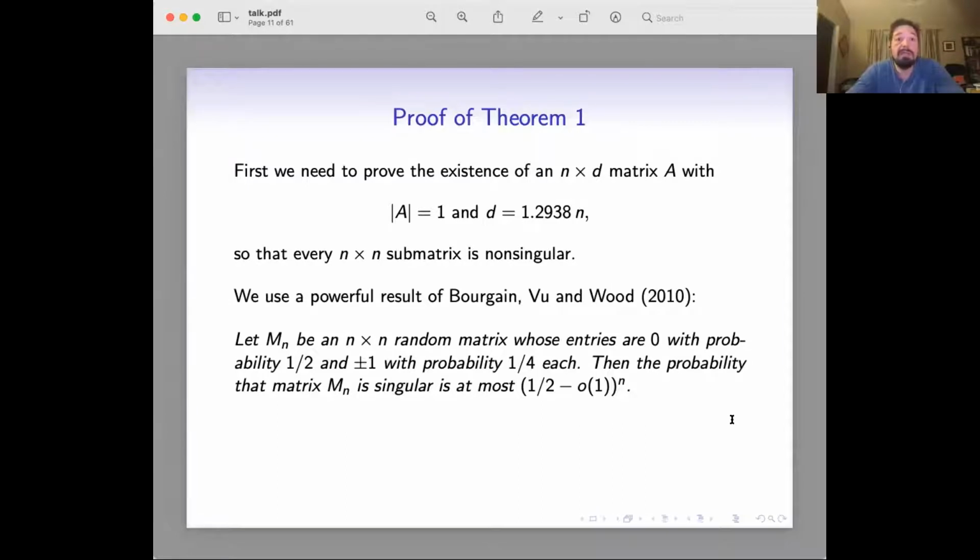In this case, the probability that the resultant square matrix is singular is at most (1/2 − o(1))^n.